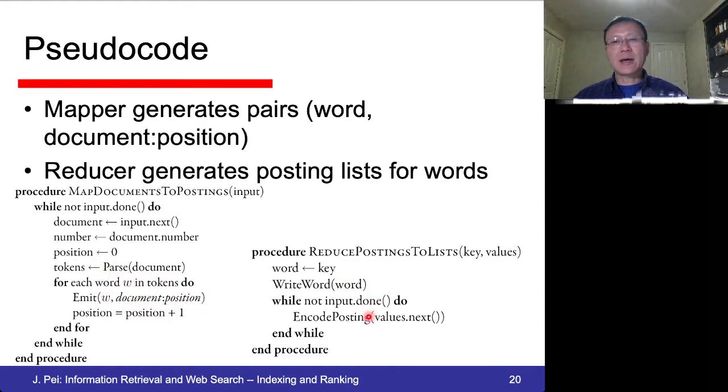That redundancy can be processed in the reducer. And similarly, if a reducer fails, what you need to do is restart the reducer, and the reducer can still collect all the key value pairs produced by the mappers about the same key, and then it sorts the document position information again and produces exactly the same posting list for the same word.